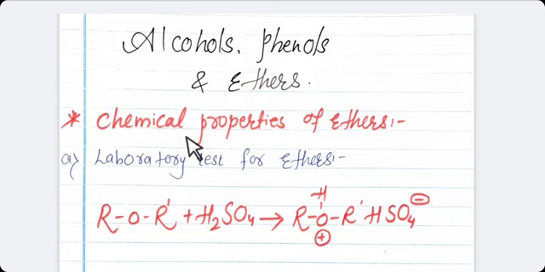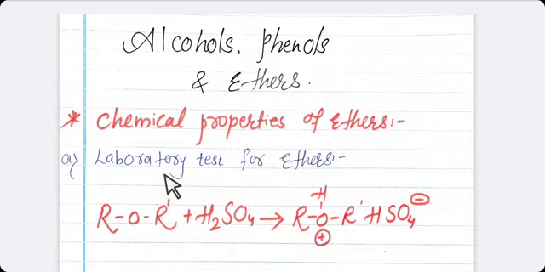In chemical properties of ether, the first point is laboratory test for ether. Students, ethers are neutral compounds in aqueous medium. Ethers do not react with bases, cold dilute acid, reducing agent, oxidizing agent and active metal.